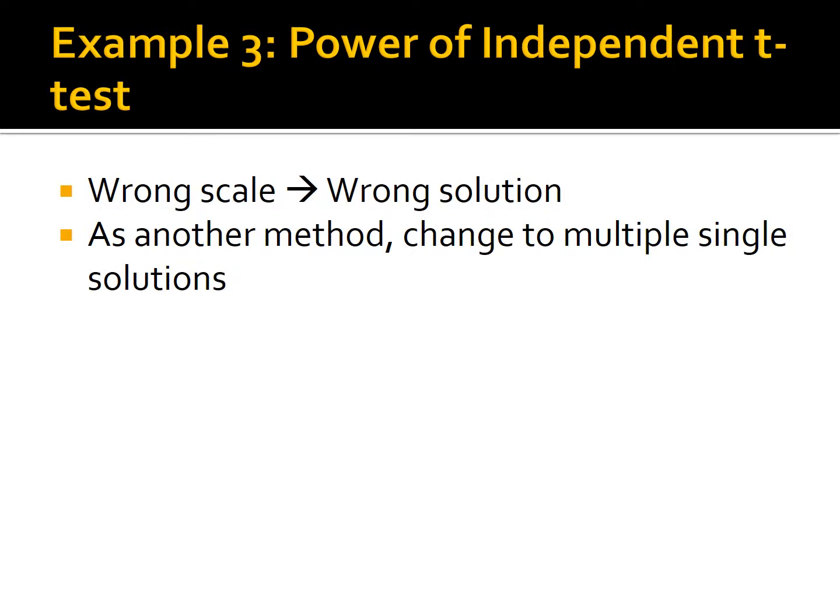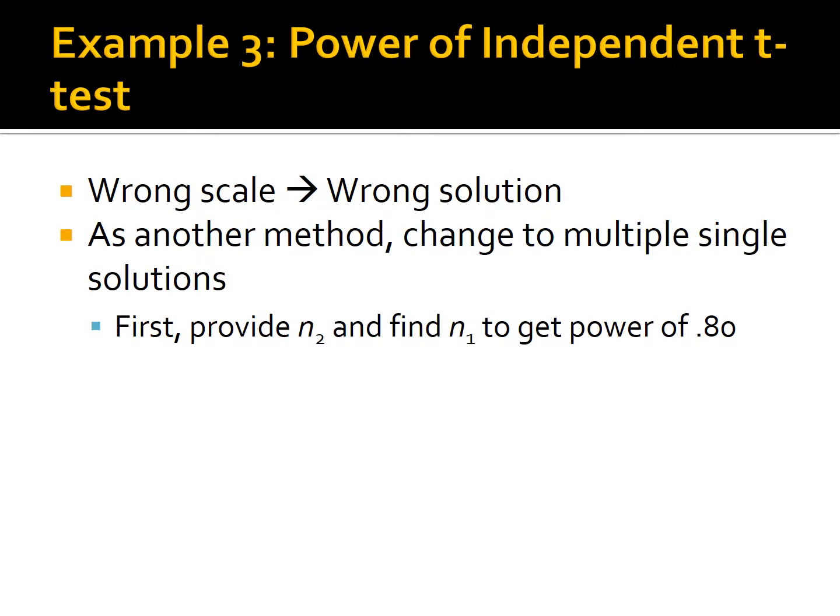So as another method, I change multivariable problems into multiple single-variable problems. First, I would like to provide n2, and use n2 to find n1, such that I can get the power of 0.8.